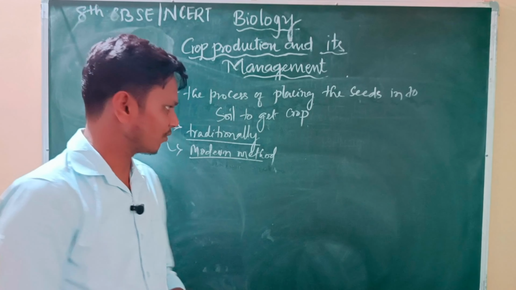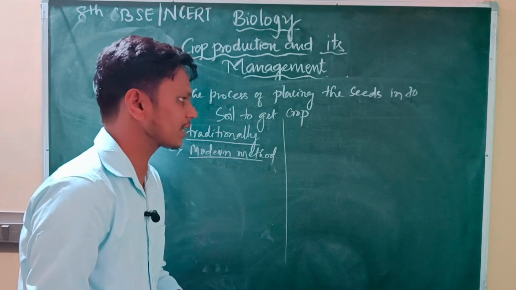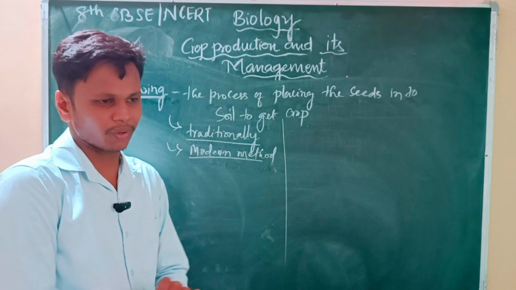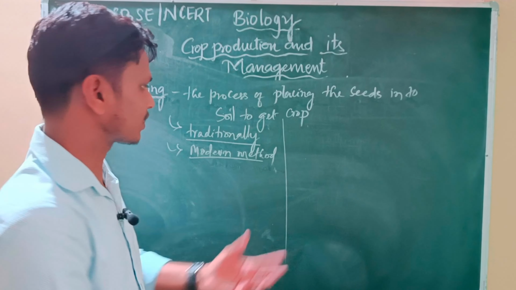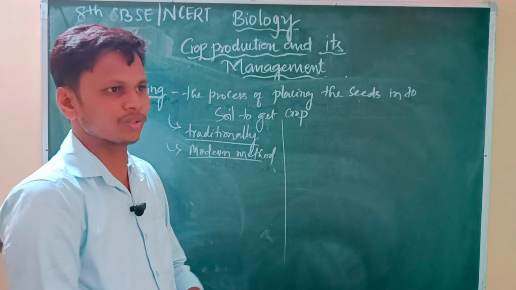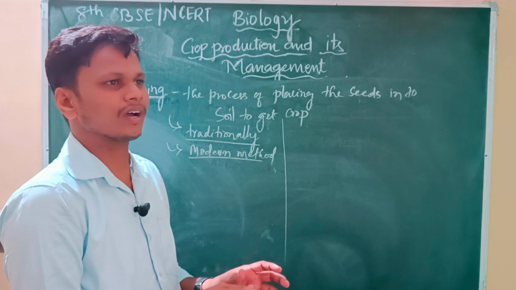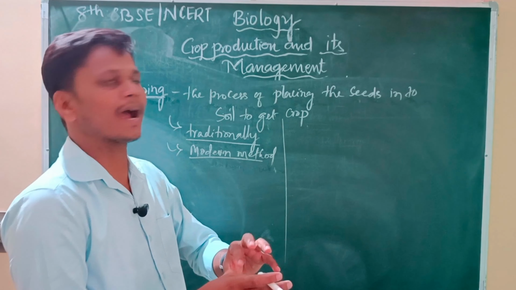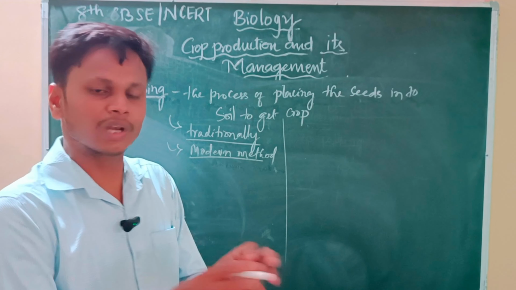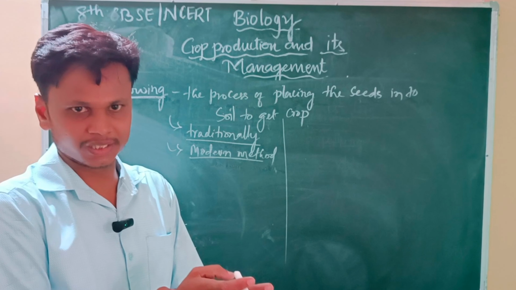If you are a farmer, how are you going to select the seeds? Obviously we have some methods, right? If you are a son of farmers, you might know that. We can separate the bad quality seeds from the good quality seeds, so that you use only good quality seeds for sowing purposes.